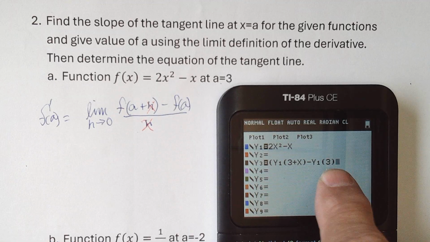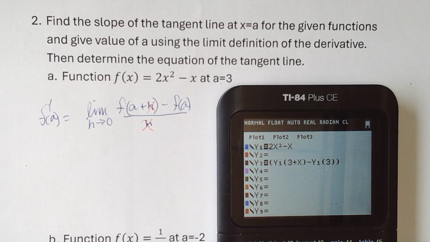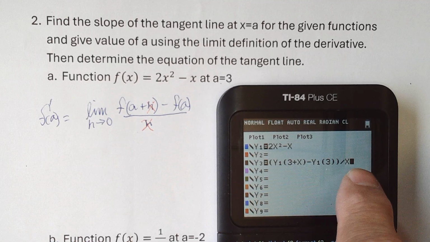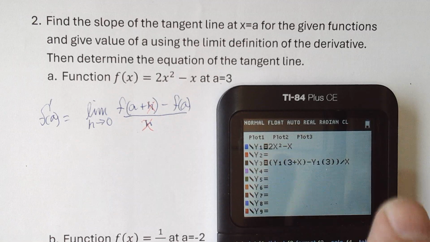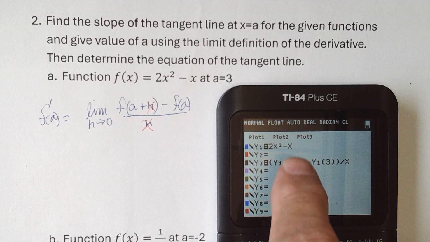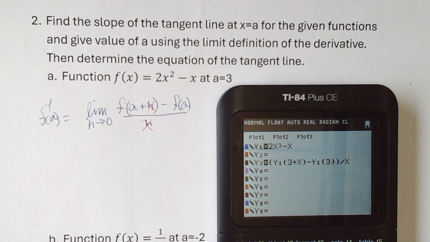And that's my numerator, so I got to close my numerator, divided by my denominator, and I'm using x for the h here. So now when I go to find the limit of this, I'm going to be letting x get close to 0. That's not making this x close to 0, it's making x and this close to 0.